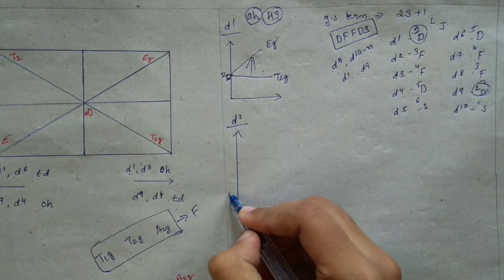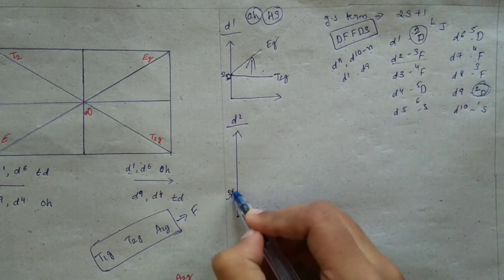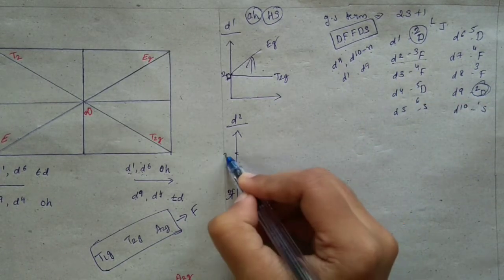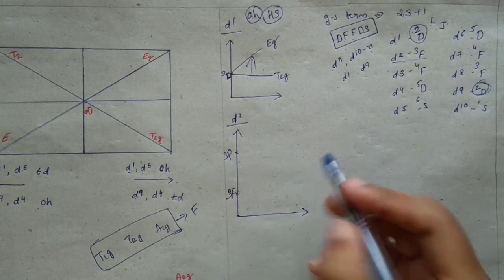So here the term symbol is 3F. And also we take 3P. So in d2 we take 3F and 3P.